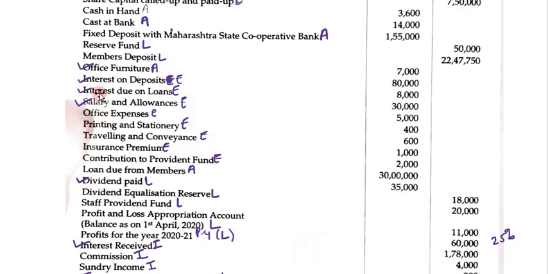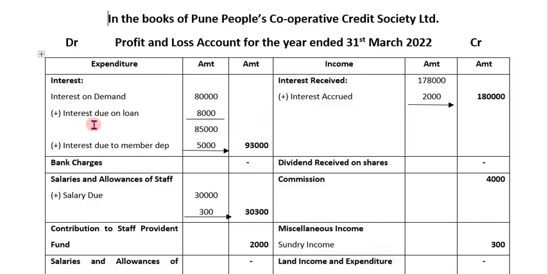Then add the hidden adjustment, that is interest due on loan 8,000 rupees. So add interest due on loan 8,000 rupees. 80,000 plus 8,000, 88,000.